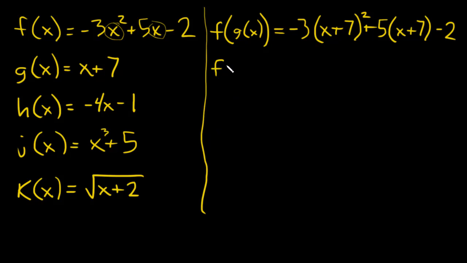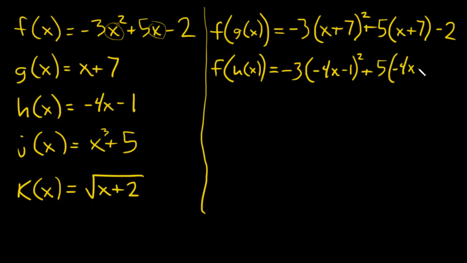Now what about f of h of x? Well, f of h of x, I'm going to replace every x with negative 4x minus 1. So this becomes negative 3 times negative 4x minus 1 squared plus 5 times negative 4x minus 1 minus 2.